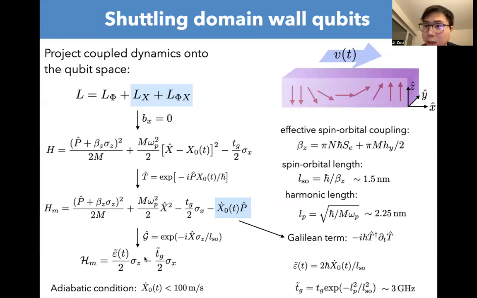So eventually we arrive at this effective Hamiltonian. And we notice that now we get an effective detuning. At the very beginning, we have no detuning, right? So this detuning parameter, epsilon tilt, is proportional to the velocity v.